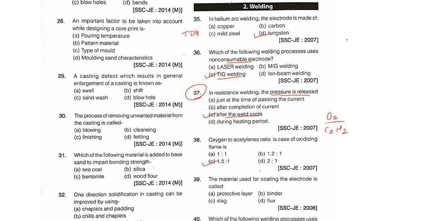So when we talk of gas flames, these are of three types, based on the composition of oxygen to acetylene. One is neutral, second is oxidizing flame, and third one is carburizing.